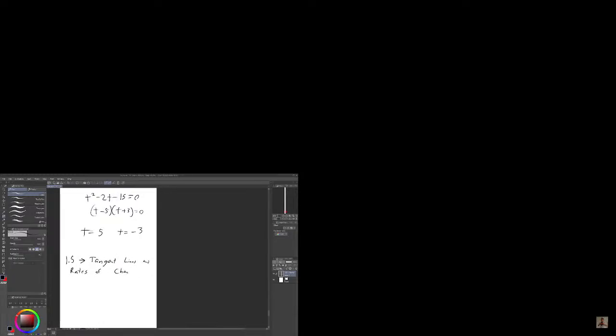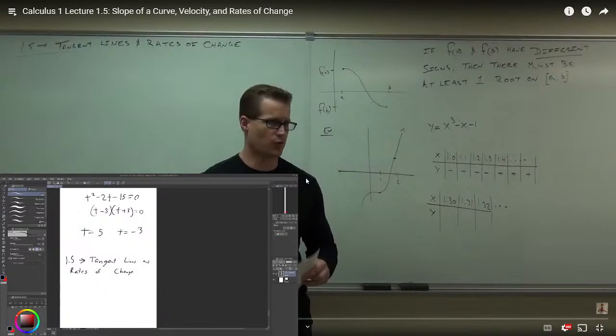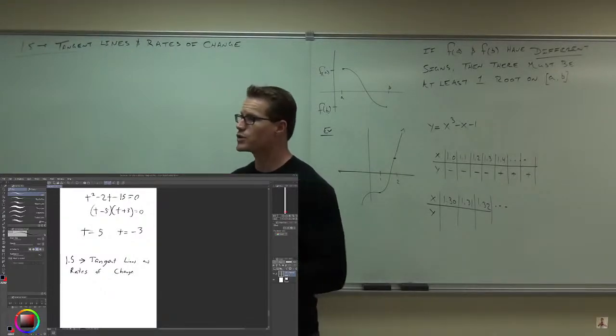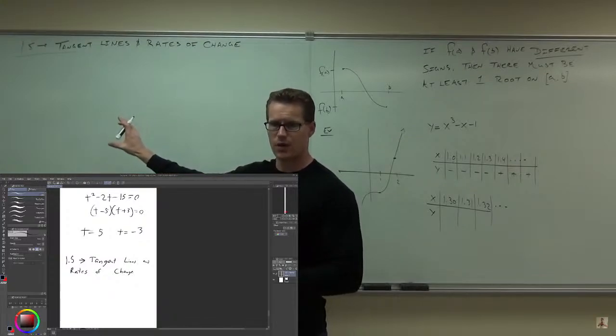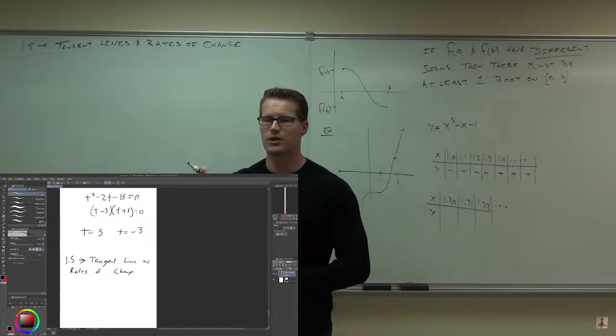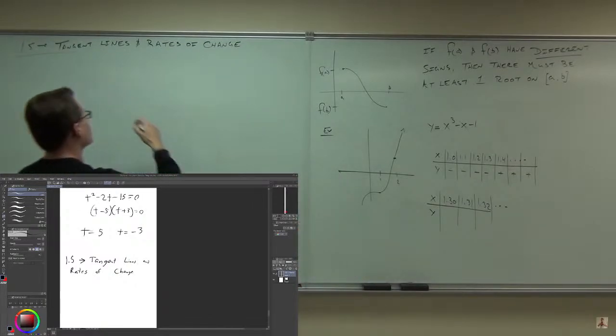So we're going to use limits to find the slope of a tangent line to a curve at a point. I'm going to actually write that down so you understand what we're doing. Again, in calculus, a lot of people get halfway through and they forget what it is they're actually doing. They just get caught up in the formulas and doing the math, and they're not really focusing on what they're doing. What we're doing anytime we do this process, we're finding the slope of a curve at a point, or the slope of a tangent line to a curve at a point.